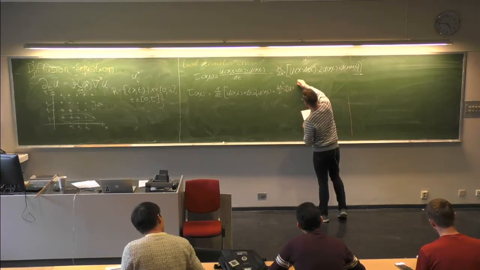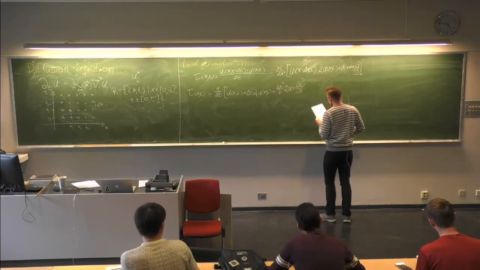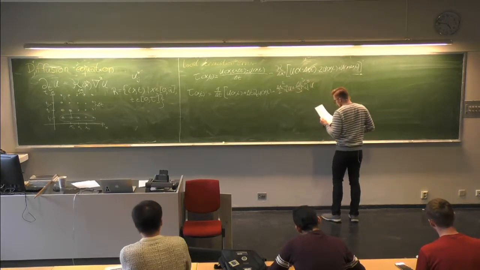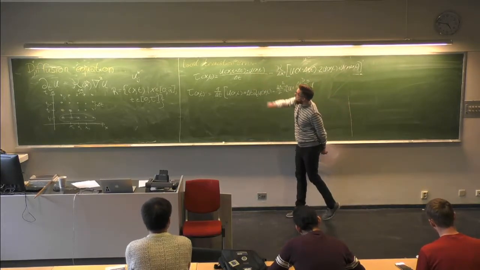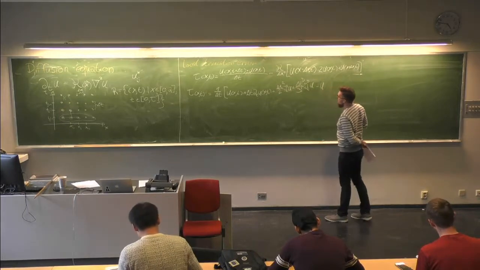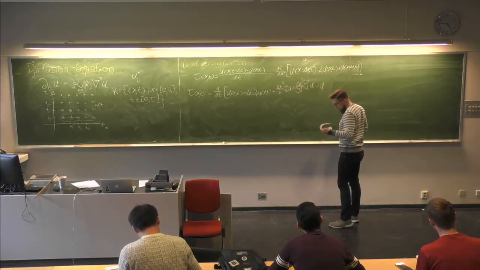One more, delta t cubed over factorial, t 3. Then we have u. That should be the first one. Yes.